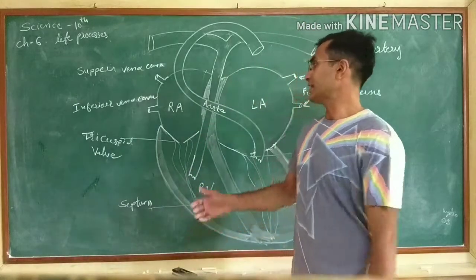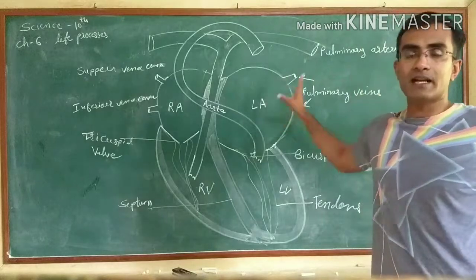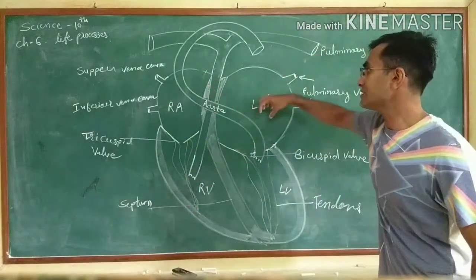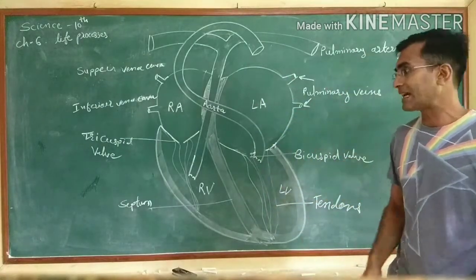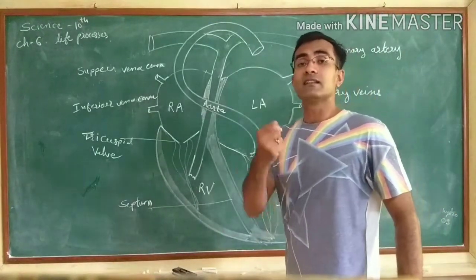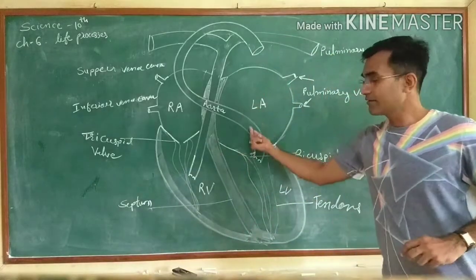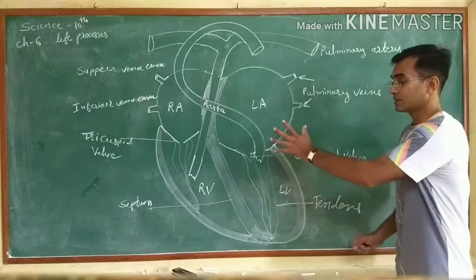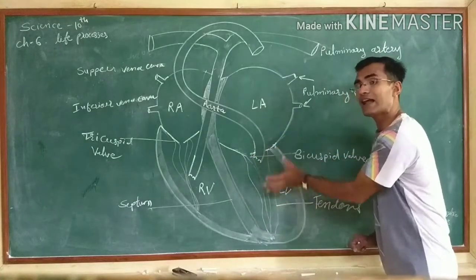This left atrium, now it's time for it to get contraction. This left atrium will get contraction and will get squeezed. So the blood which is present will flow into the left ventricle. At the same time, this valve, the bicuspid valve, will get stretched and open. So the blood will flow into the left ventricle over here. The oxygenated blood is now in this compartment called left ventricle.